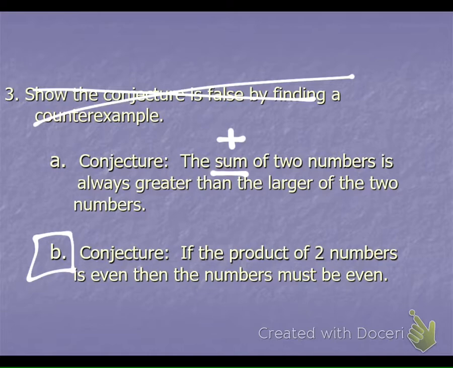So somebody give me a number. 39. I want it to be a big number. Can you think of a number we can add to 39 and get a number that's not bigger than 39? -2. Perfect. This is my counterexample.